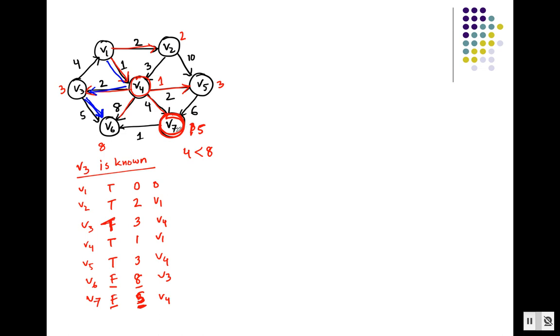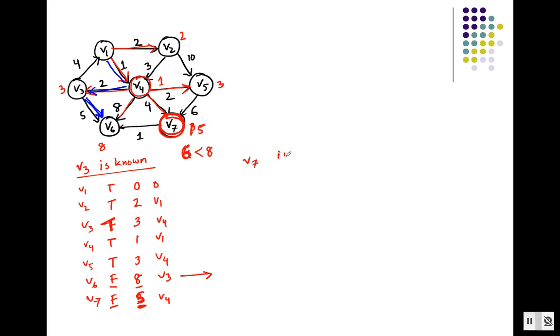Now from v7 I can go to v6 only. If I go to v6, the distance becomes 5 plus 1, 6, and 6 is less than 8, so I'm going to update the distance value for v6 again.